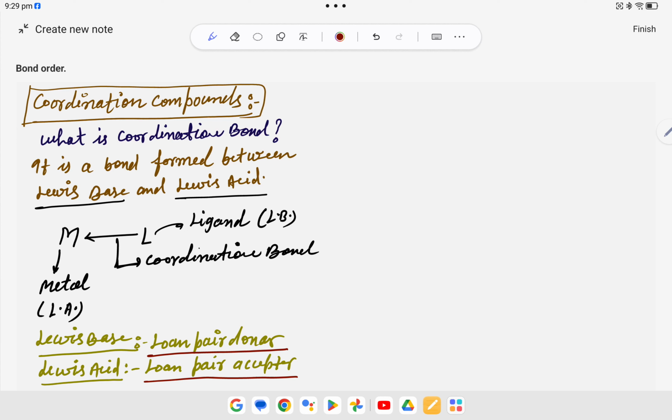Okay, so examples of Lewis base and Lewis acid. Let's talk about the examples.